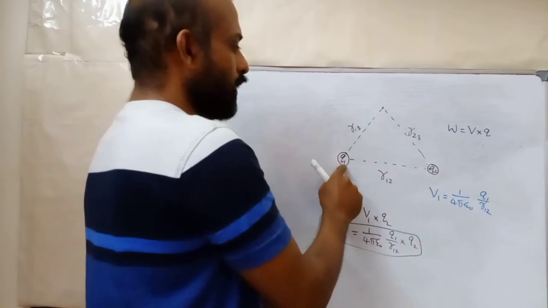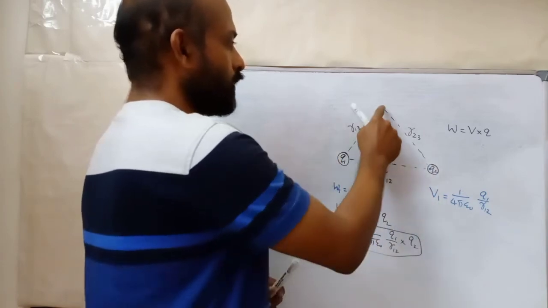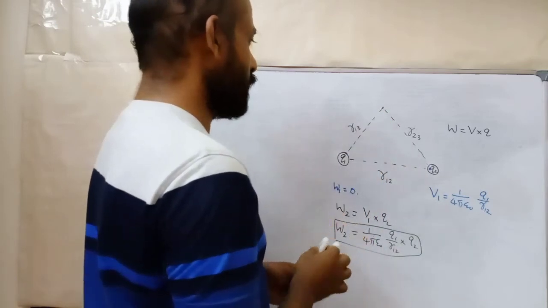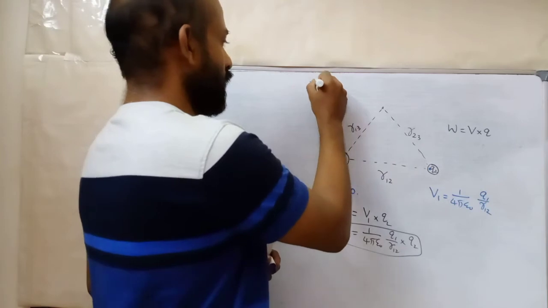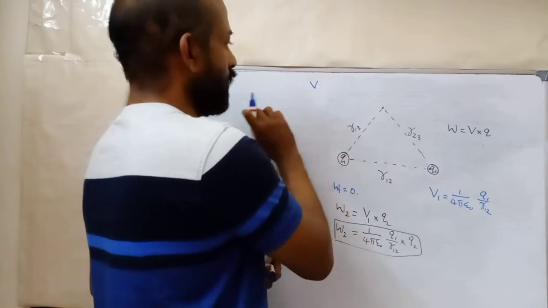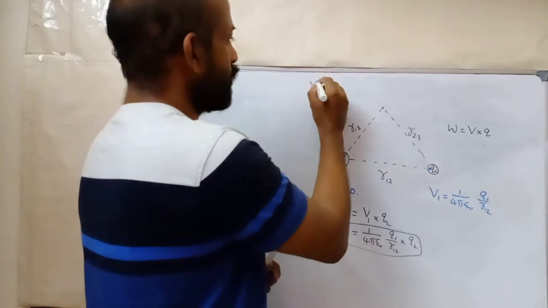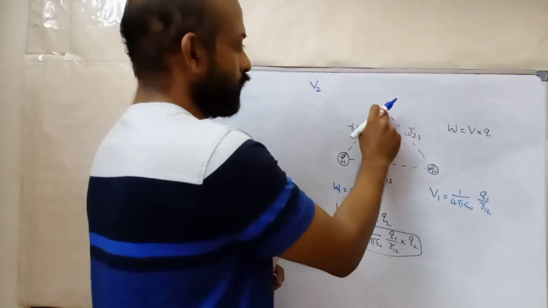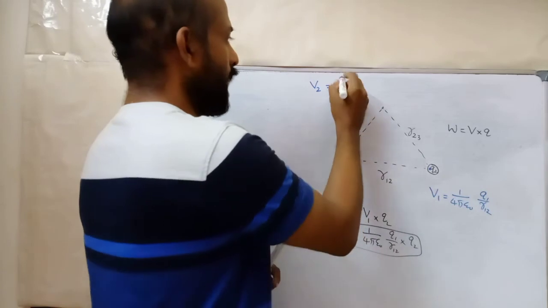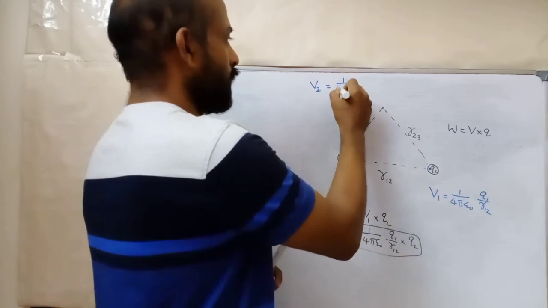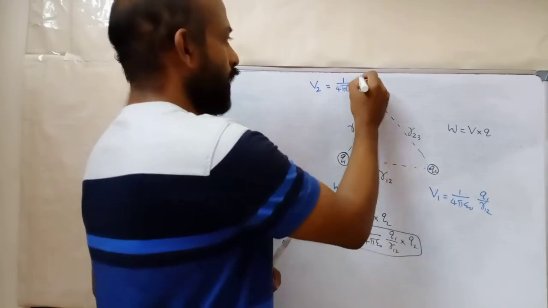For Q1, the potential due to Q1 at this point, I will give another symbol, V2. What is the potential due to Q1 at this point? V2 is equal to 1 by 4 pi epsilon 0 Q1 by R13.